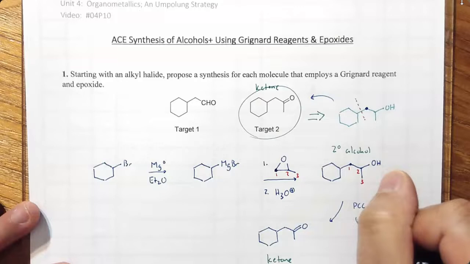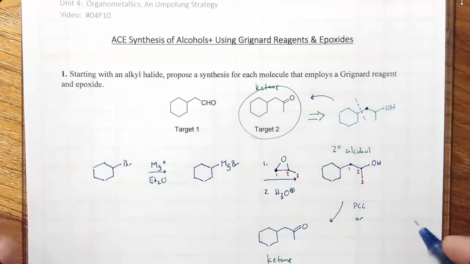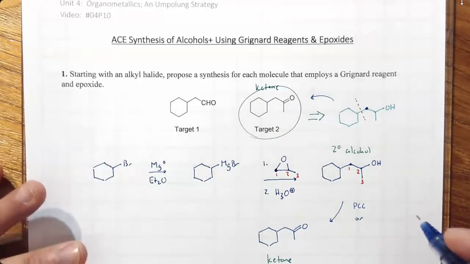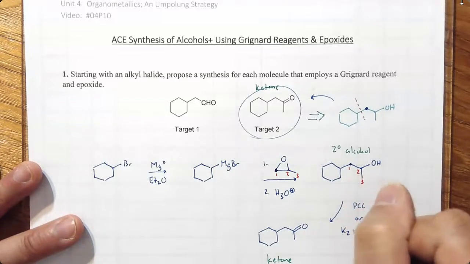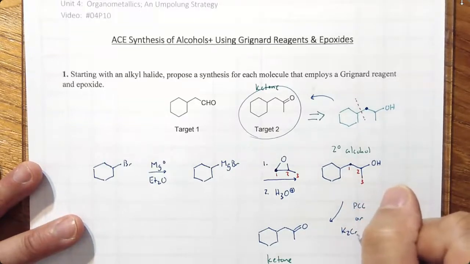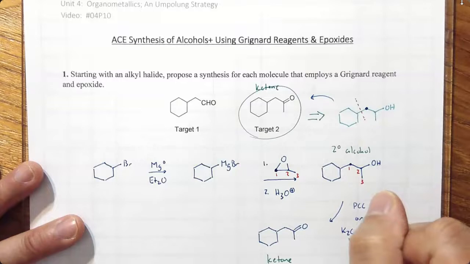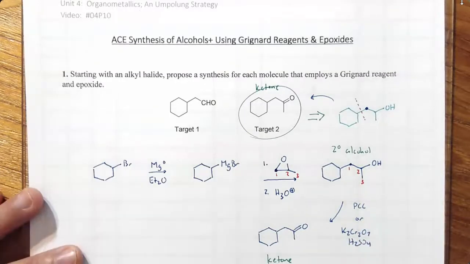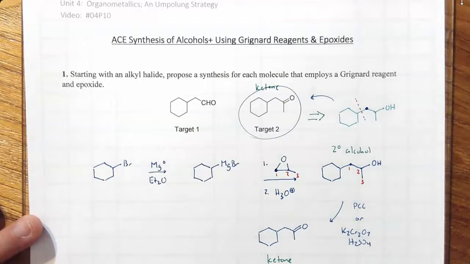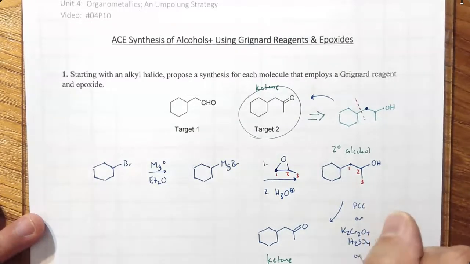Or you might recall Jones oxidation, which is chromic acid oxidation. Many times chemists will use a combination of K2Cr2O7 with H2SO4, and within the round bottom flask, chromic acid is made. Chromic acid is, I could write it here, H2CrO4.